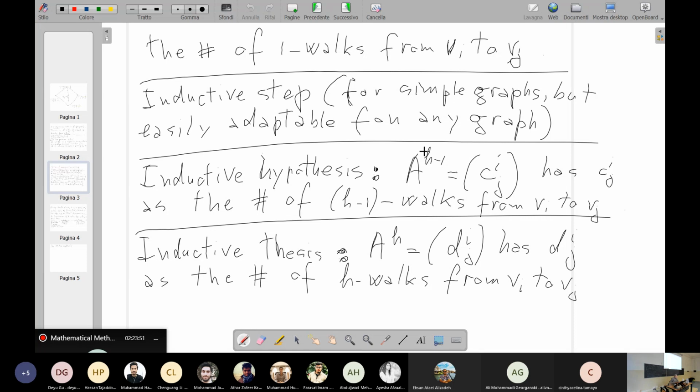Our inductive hypothesis is that the matrix A raised to h minus 1 having Cij as elements has this element which exactly counts the number of h minus 1 walks from Vi to Vj.